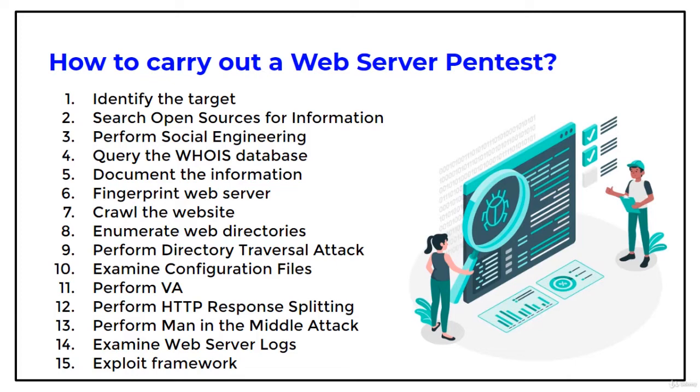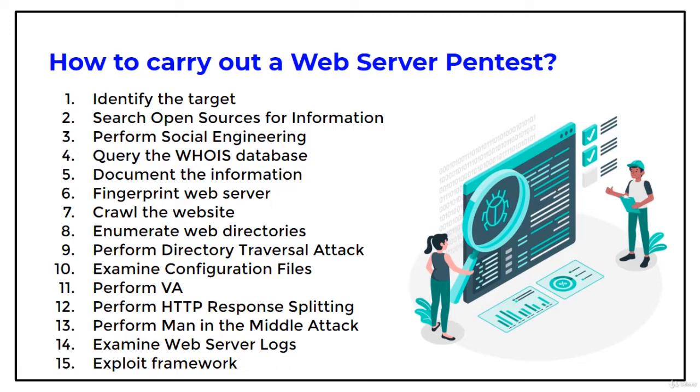Use Whois database query tools to get the details about the target such as domain name, IP address, administrative contacts, autonomous system, DNS, etc. Fingerprint the web server to gather information such as server name, server type, operating system, and applications running on that system using tools such as Netcraft, HTTPrecon, and ID Serve.